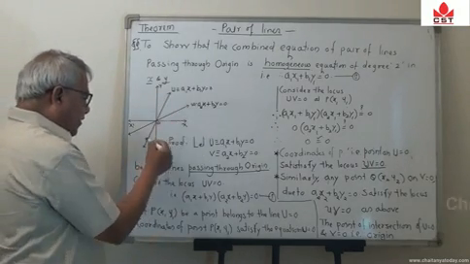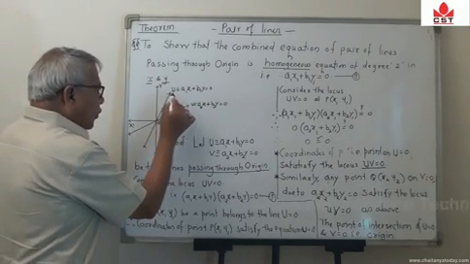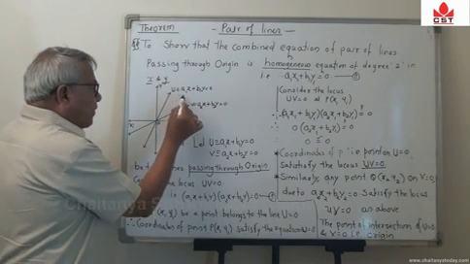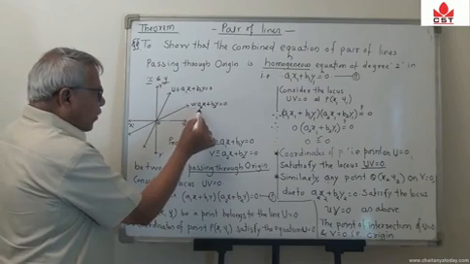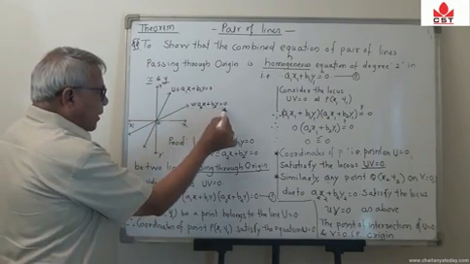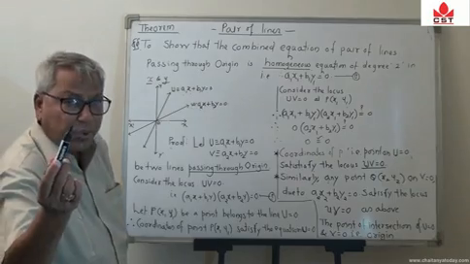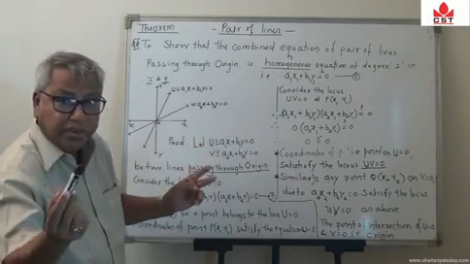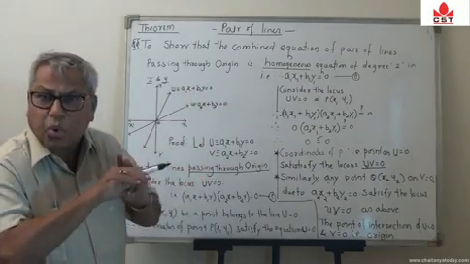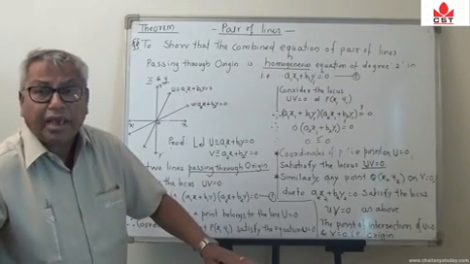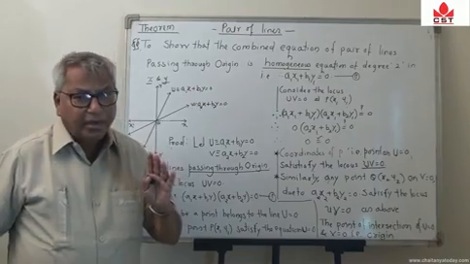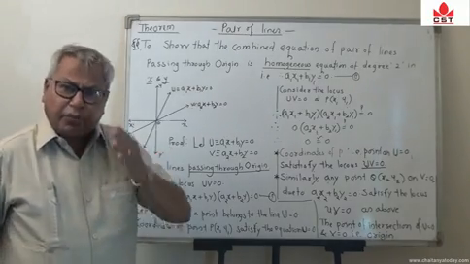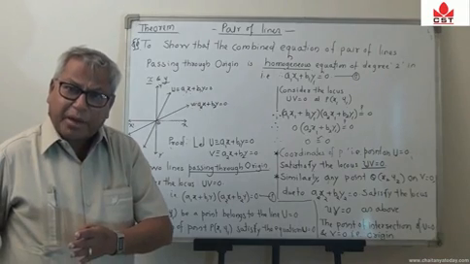These are the two lines I have shown here: u is equal to a1x plus b1y is equal to 0 and v is equal to a2x plus b2y is equal to 0. As you know, when the lines pass through origin, there is no separate constant, only x and y are present. If only x is present, it is a line parallel to the y-axis. If only y is present, the line is parallel to the x-axis.